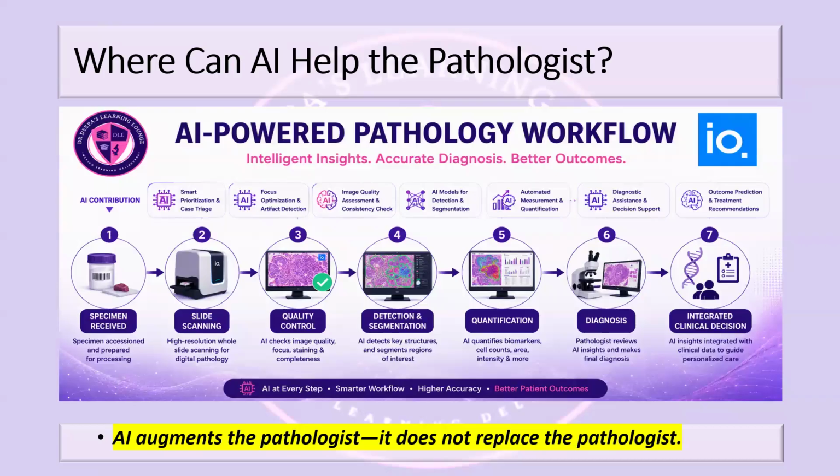One is it helps you in prioritizing and triaging your work. You know which one to see first, which one not to see first. Then you have this quality control that your whole slide image is crystal clear once AI is integrated. And the next stage involves the tissue and cellular analysis. Once there is a tissue and cellular analysis, the AI algorithms can identify different tissue components and recognize the lymphocytes or plasma cells, necrosis, fibrosis, what have you.